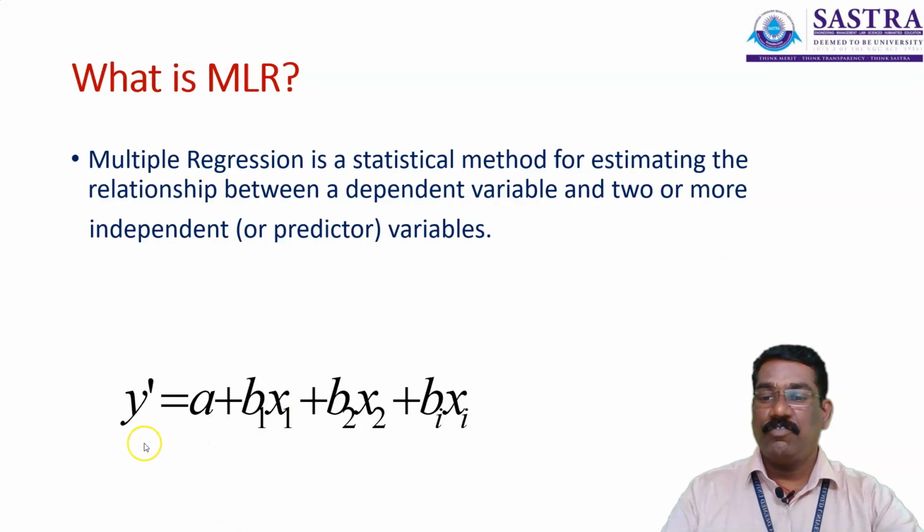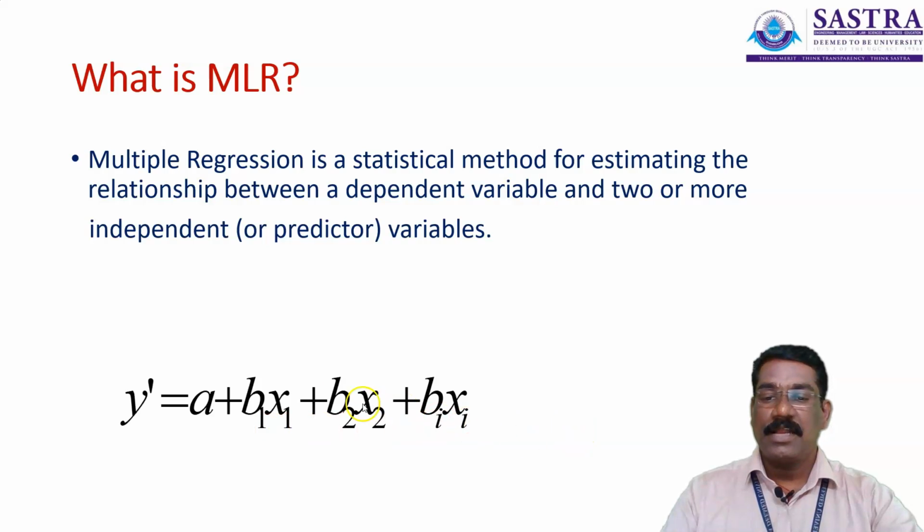You can see the formula here. It is y equals a plus b1 x1 plus b2 x2. The b values are the coefficient values of each variable. Using these variables, we are trying to predict the dependent variable. So this is called the dependent variable, and these are called the independent variables, and it goes on for however many variables we have.